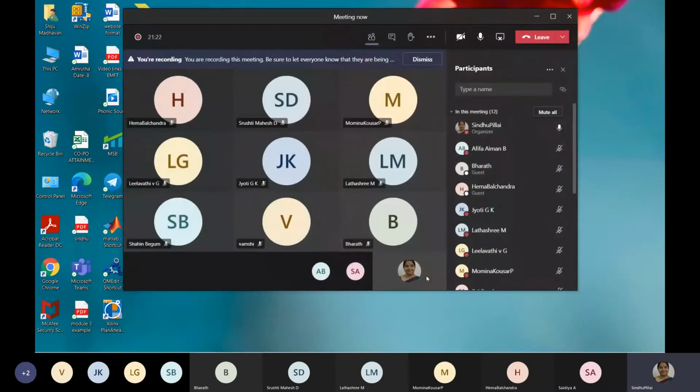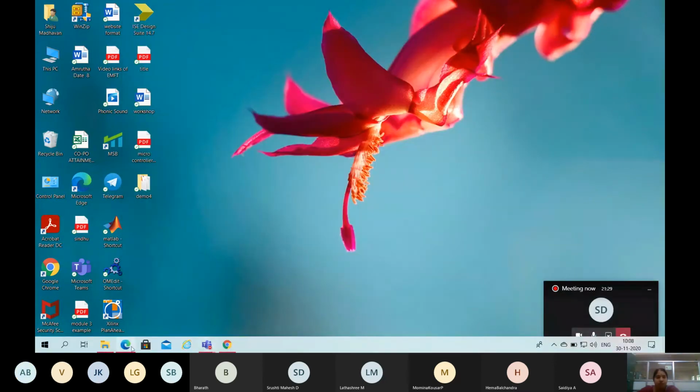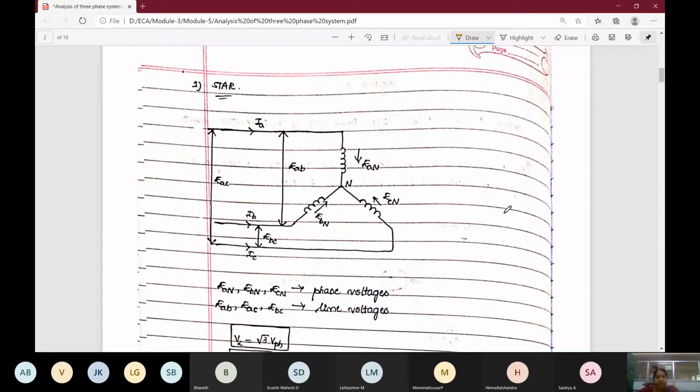In star connection, the network is shown here. We have three branches here, EAN, EBN, ECN. There is a neutral point here, and three branches are connected to this neutral point.